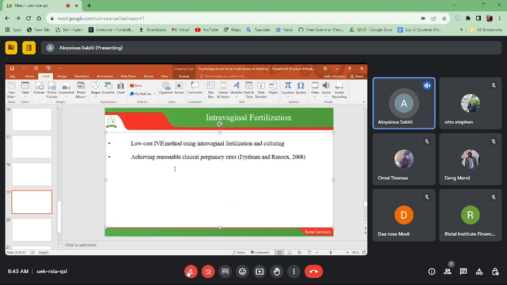It is a well-known and widely used assisted reproductive technology, and across the globe, it has helped millions of people achieve their dreams of having a child.